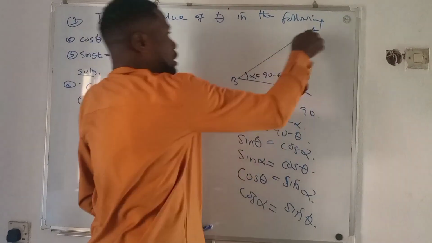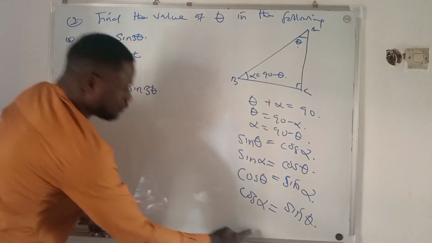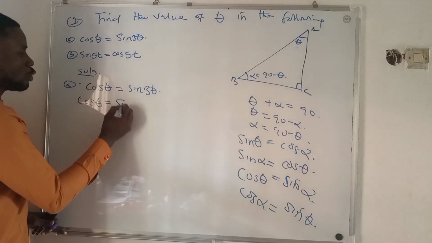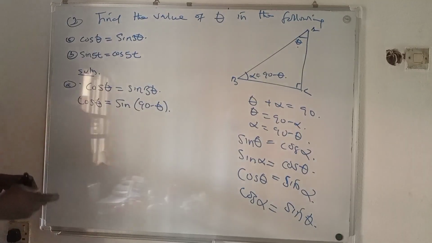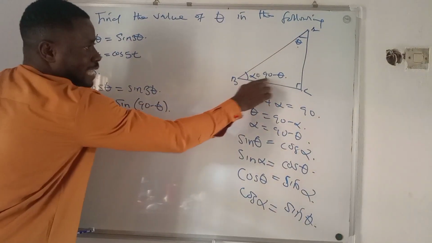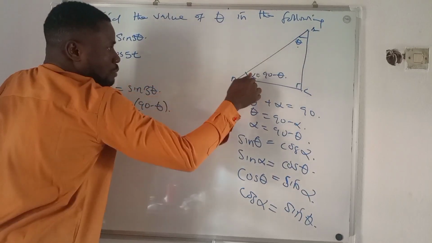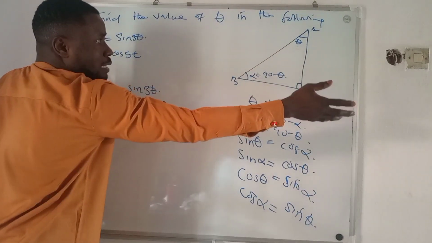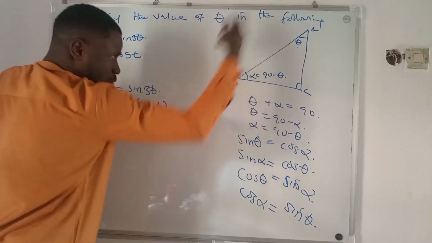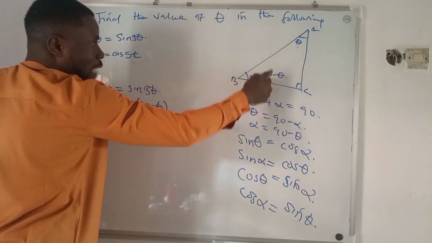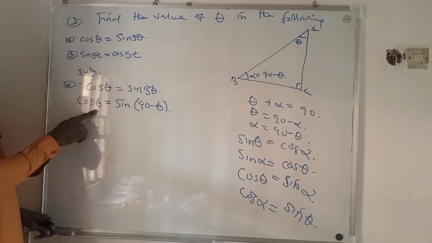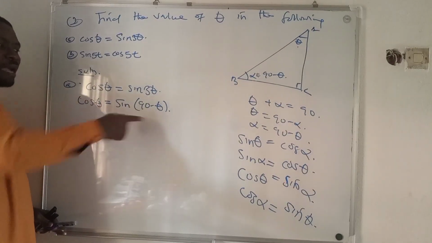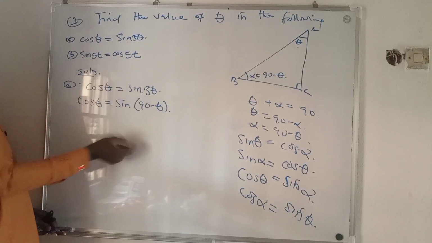We are saying cos theta, based on what I have told you earlier, must be equal to sine 90 minus theta. Because if you sum this plus this it will be equal to 90, then if you make this the subject of the formula, it is equal to 90 minus theta. We even saw it here. So it means that cos theta is equal to sine 90 minus theta. With this, you can substitute here.